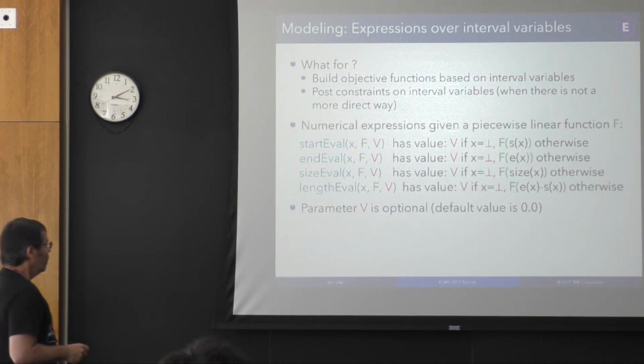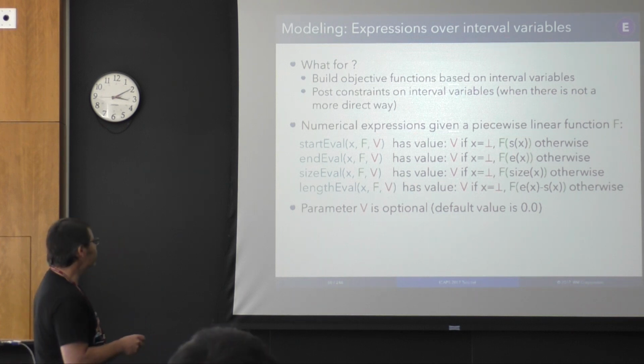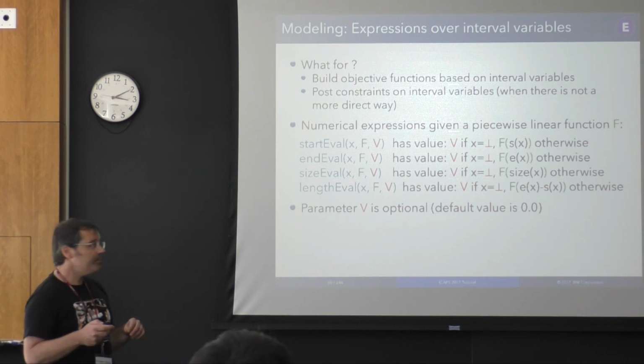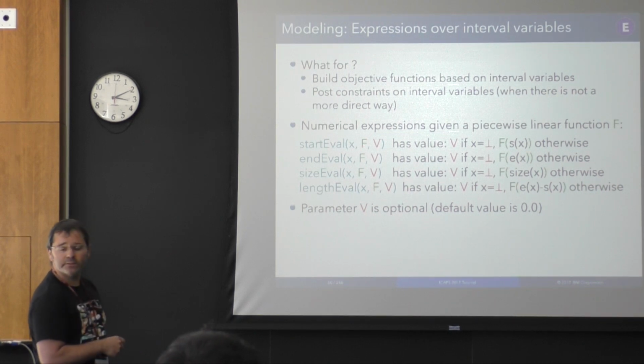We also have slightly more complex expressions that take a piecewise linear function as input and evaluate the function. For instance, start eval x f v says that the value will be v if the interval is absent. Otherwise, it will be the value of the piecewise linear function f at the start of x.